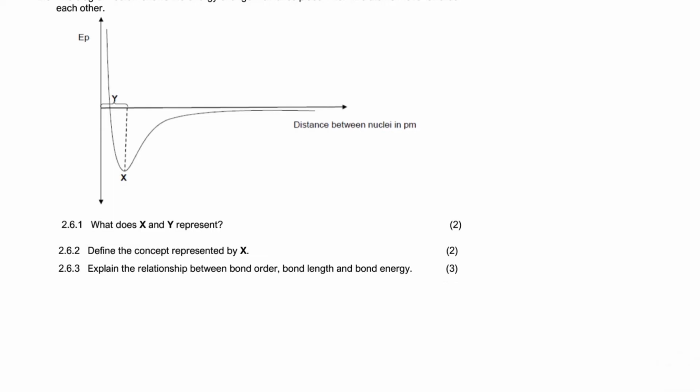Now let's look at this graph again, guys. This is a similar graph to that one. It says the diagram shows the energy change that takes place as two atoms move towards each other. So guys, here, what do X and Y represent?